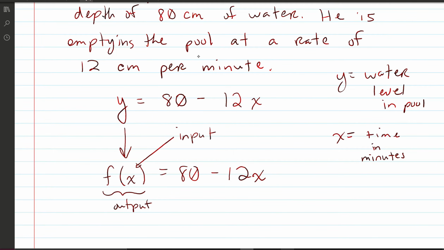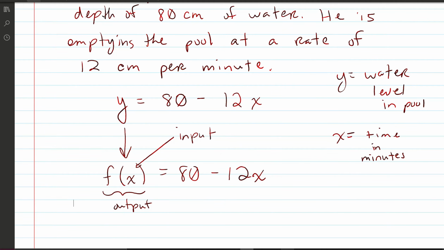So the x is the input, the y is the output. So if we plugged in something for x, a number of minutes, we can see how much water is left in the pool. So if we plug in the minutes, we can do the calculations and see how much water is left within the pool.